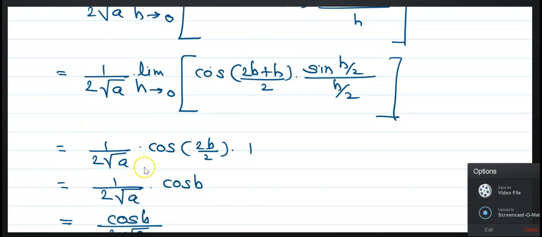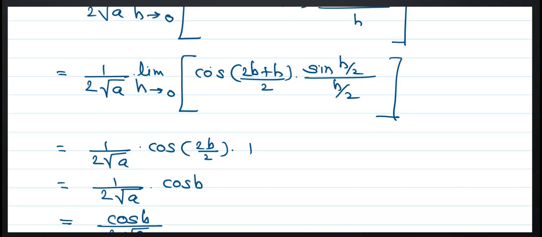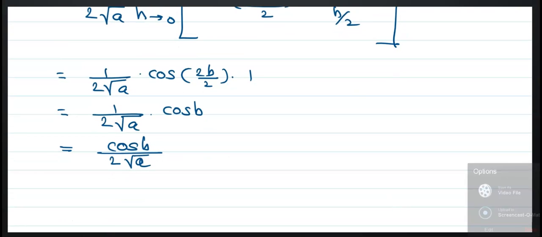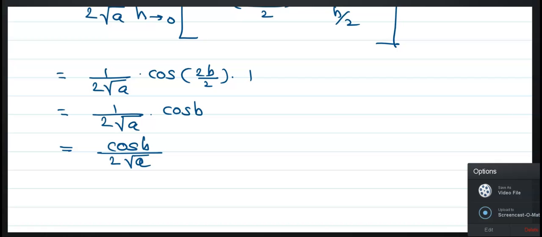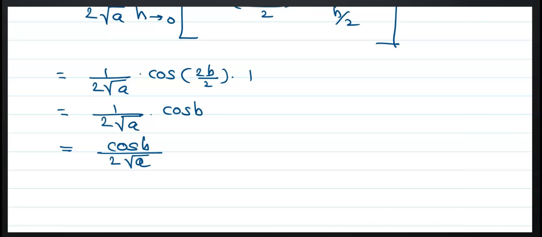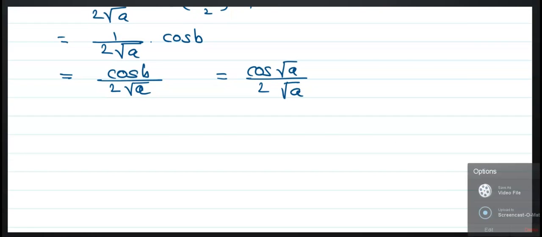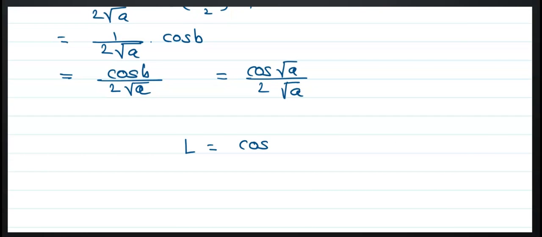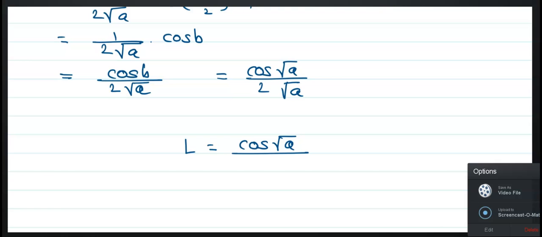That is 1 upon 2 root a into cos of b. Therefore, L is equal to cos of root a upon 2 root a.